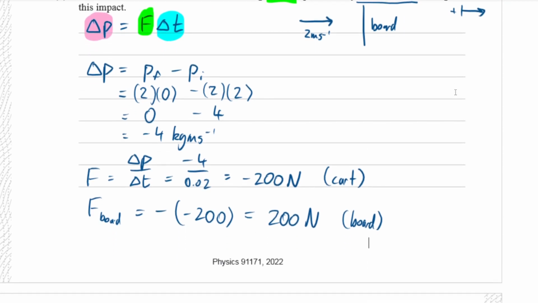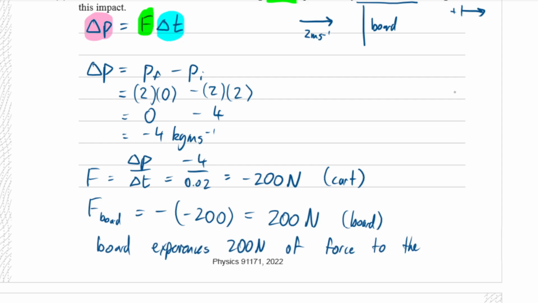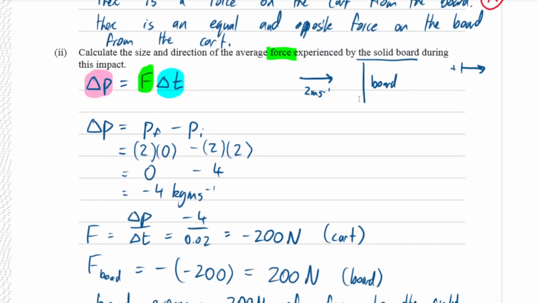So just to summarize, we would say that the board experiences 200 newtons of force to the right, as per my diagram.